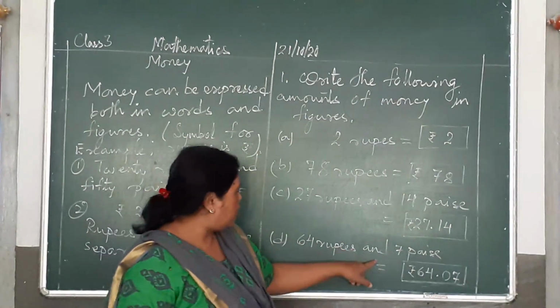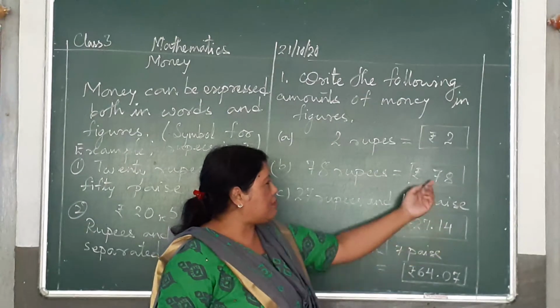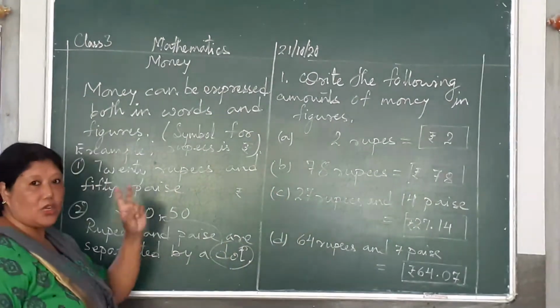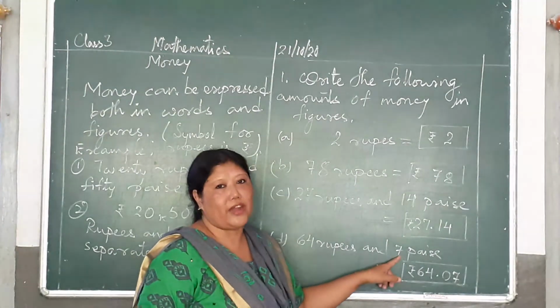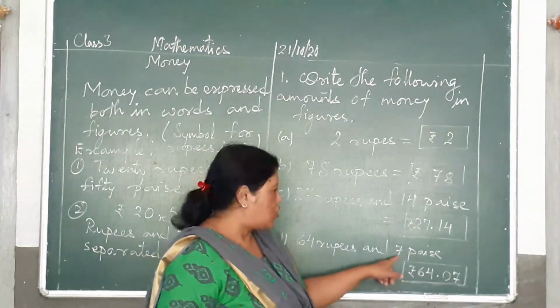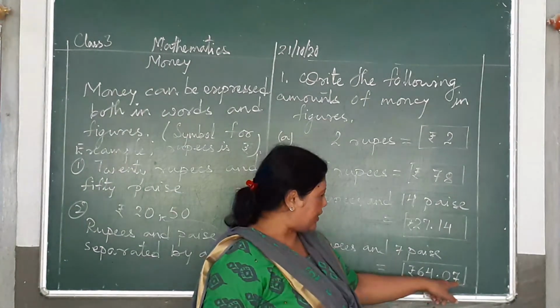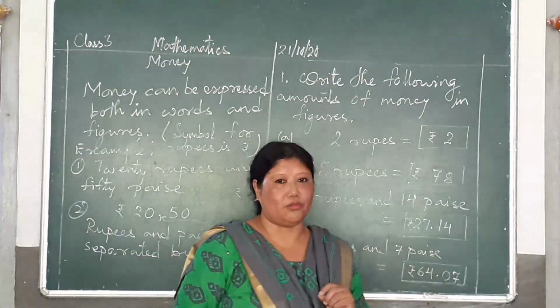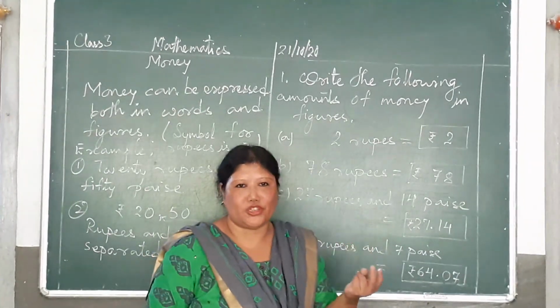Then 64 rupees and 7 paisa. Till now we were saying 14 paisa and 50 paisa, two places. Now only 7 paisa, where to write 7 paisa? It will always be in the ones place, this side, then 0. I told you in the beginning, 1 rupee means 100 paisa, 100 means 2 zeros.